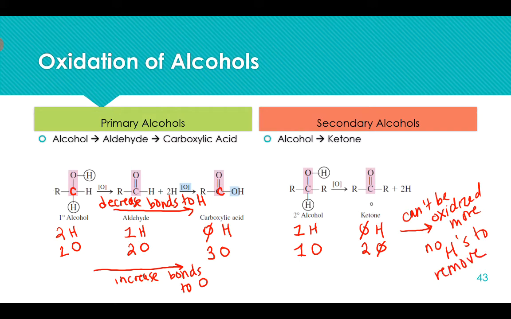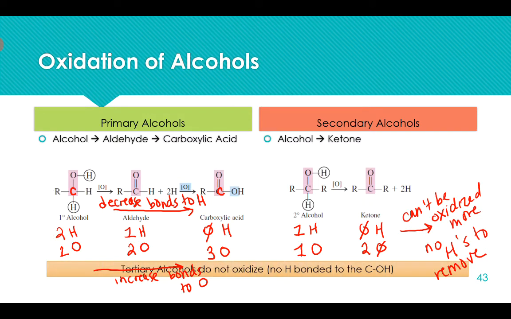So our secondary alcohols will oxidize to ketones, and then ketones cannot oxidize further. Tertiary alcohols have no hydrogens to begin with, and so tertiary alcohols cannot be oxidized at all.